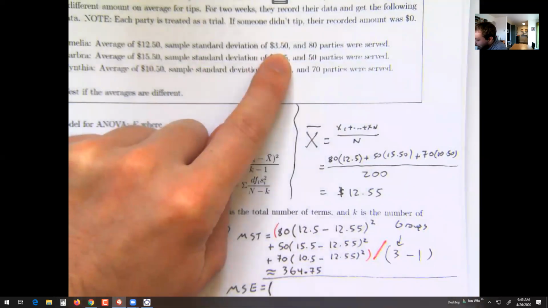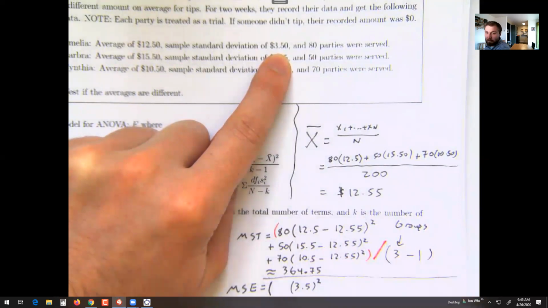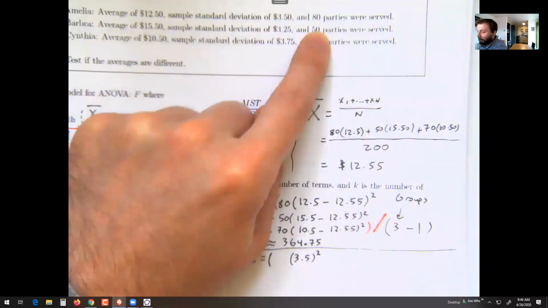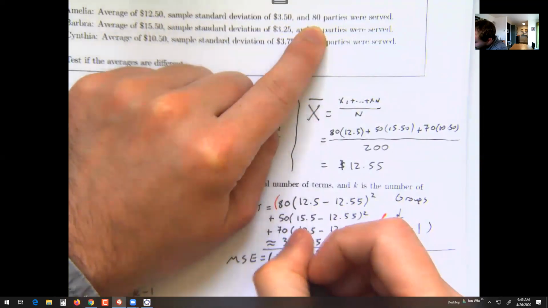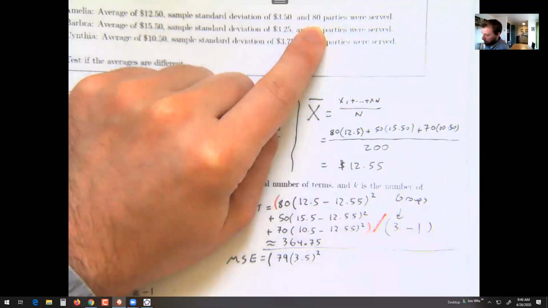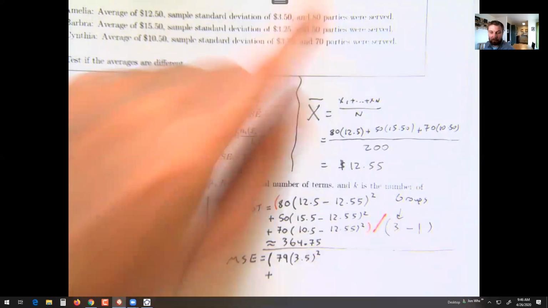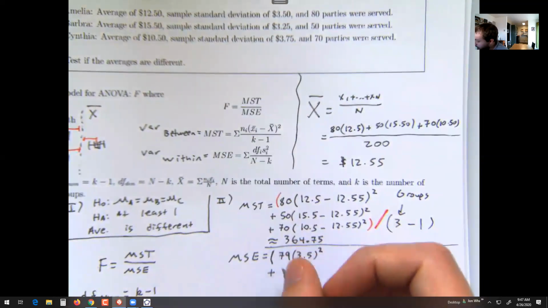Amelia had a standard deviation of 3.5, so her variance was 3.5 squared. She served 80 tables, so her degree of freedom is going to be 79. I'm going to line these up just so I can see each of the people. Next person was Barbara. She served 50 people.